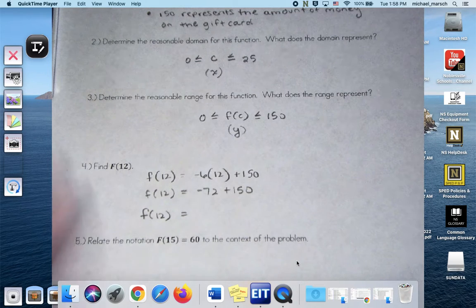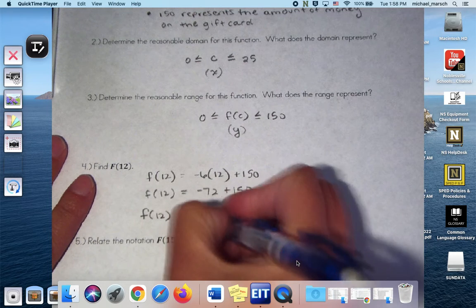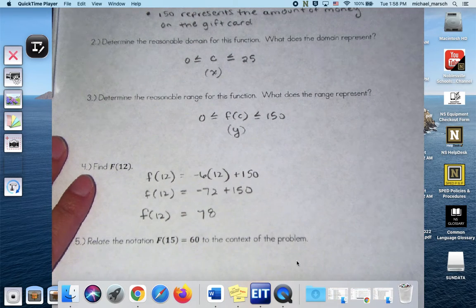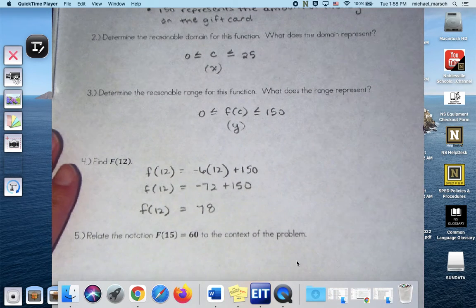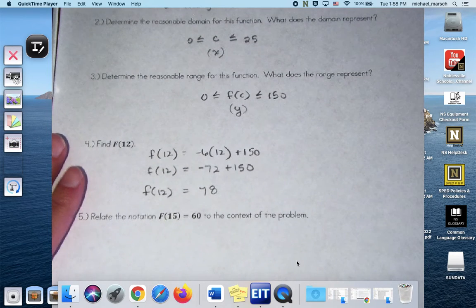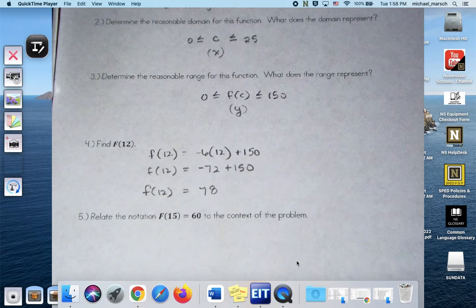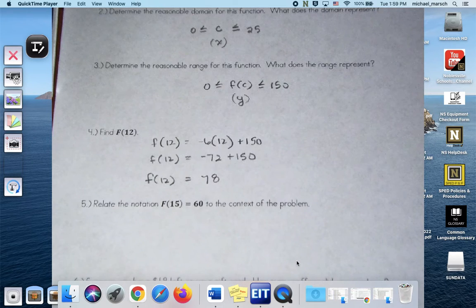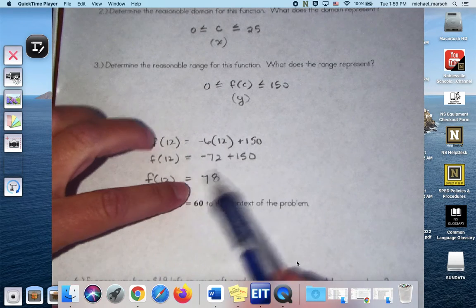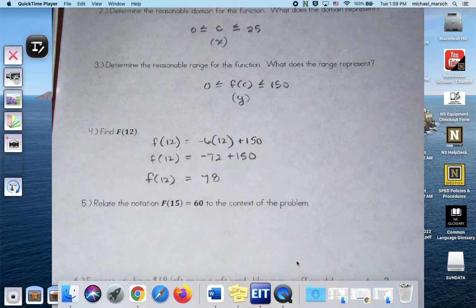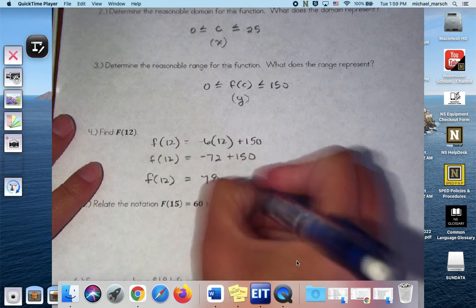Yeah. That's how much you have left. So you spent 72 on coffee and you have 78 left on your gift card. We'll write ourselves a note.